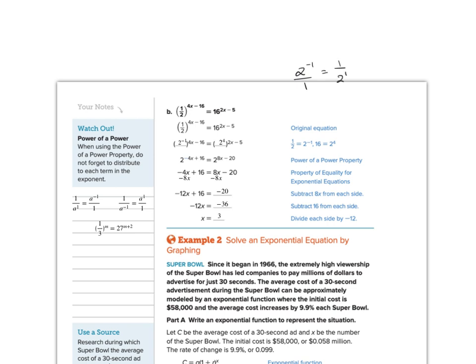Okay, that's how we switch the signs of my exponents. So if that's the case, then I know that 1/2 is actually 2 to the negative first power.